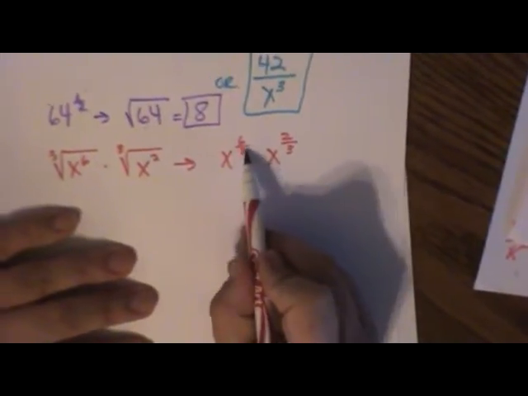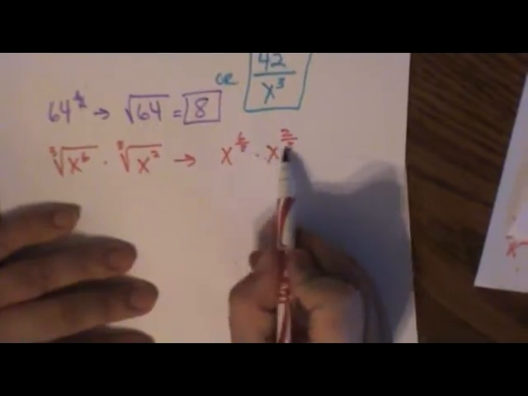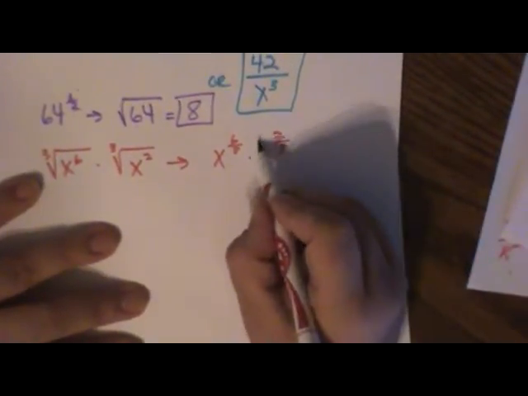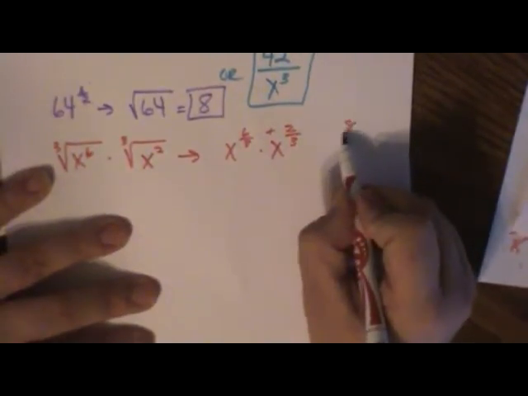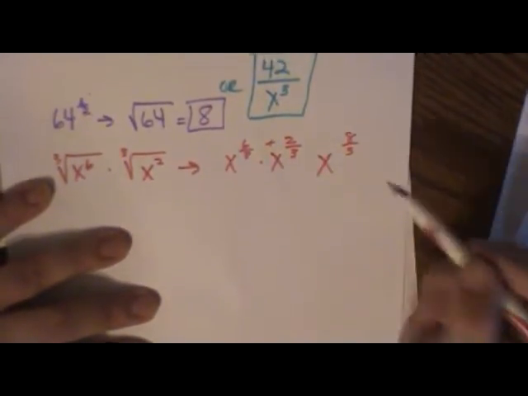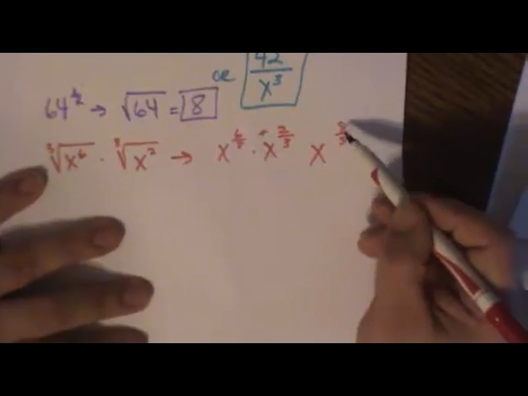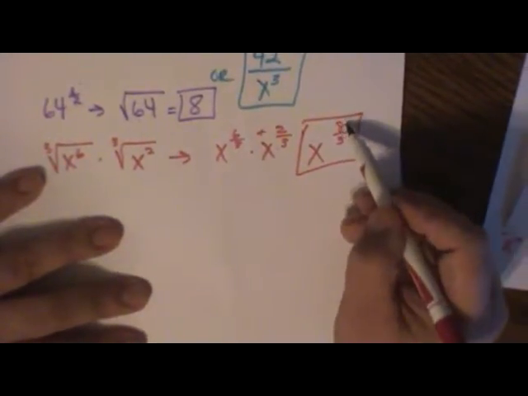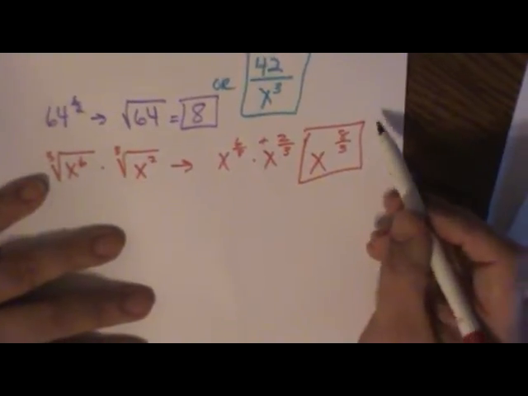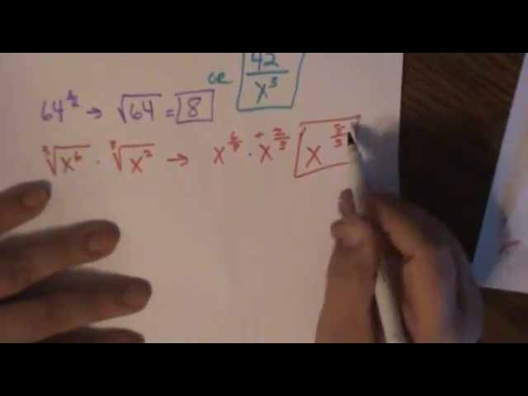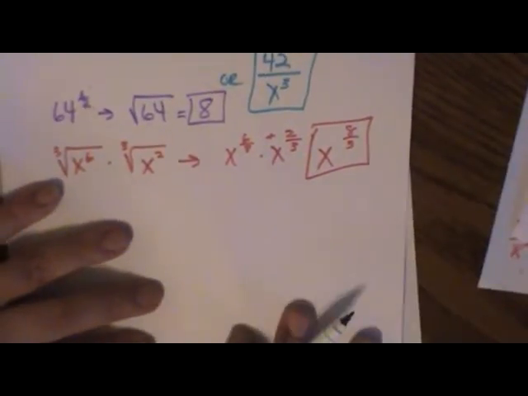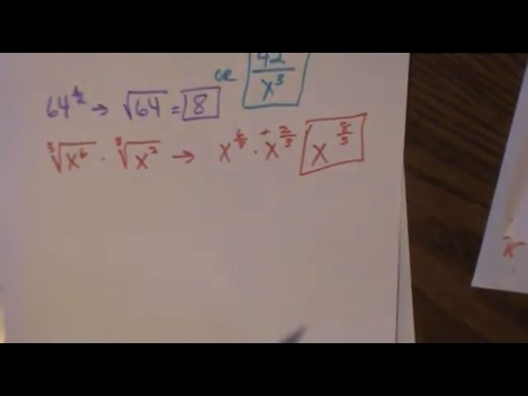Since it's the same base, we know we can add, and we have like denominators, so we can just add the tops. So we get 6 plus 2 is 8 over 3. And we can't reduce that, so our answer is x to the power of 8 over 3. Power over root. Again, leave it in rational form. We don't want to do mixed numbers.